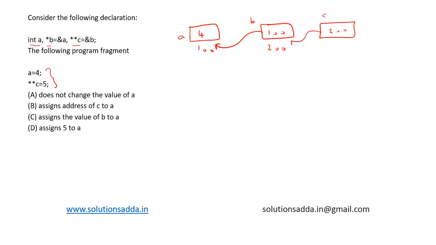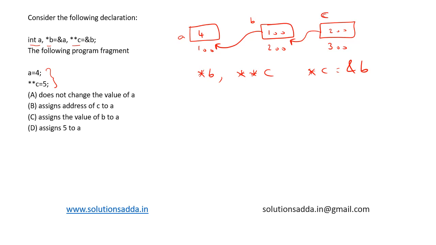That is, it is pointing here, and the address is 300, assume. Now to access the value of a through b, we use *b, and to access the value of a through c, we use **c. *c is essentially &b because we are trying to access the content in c.